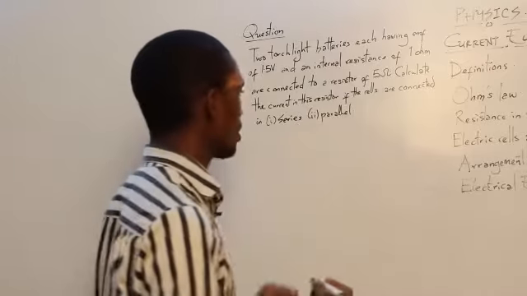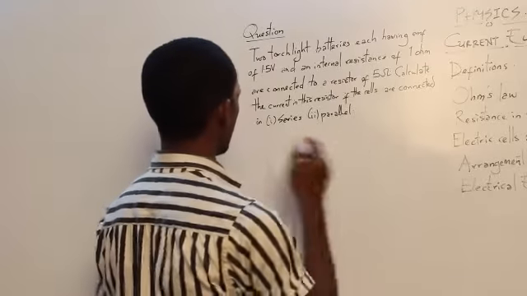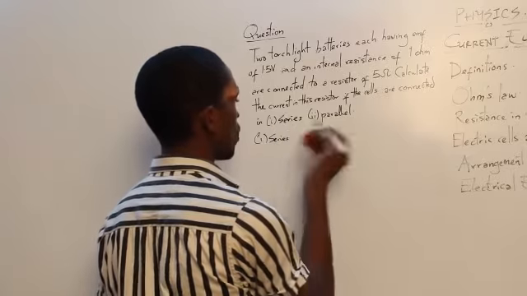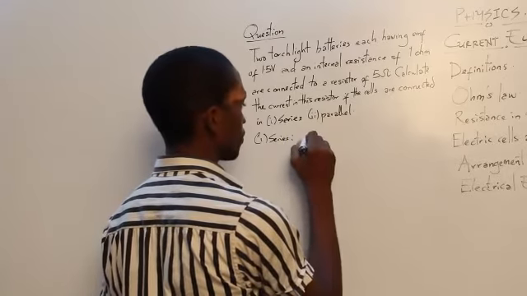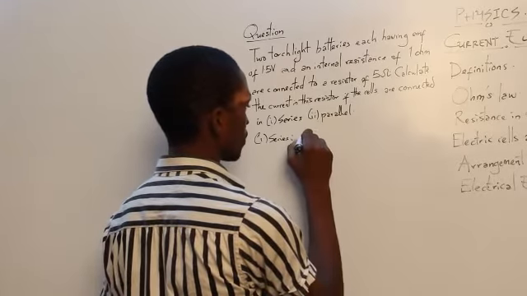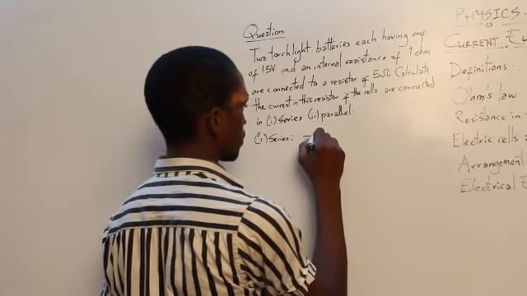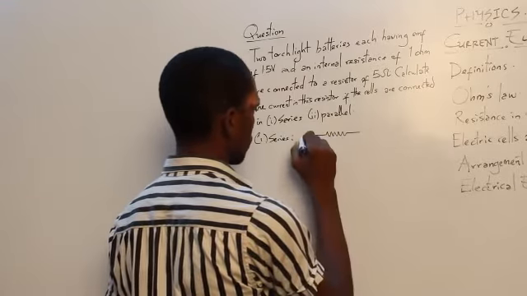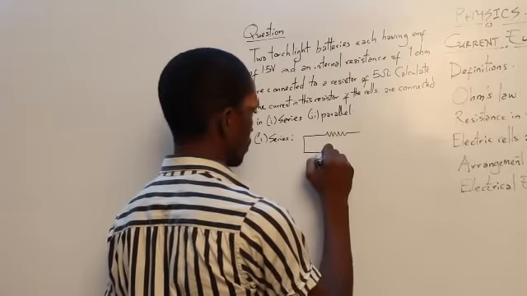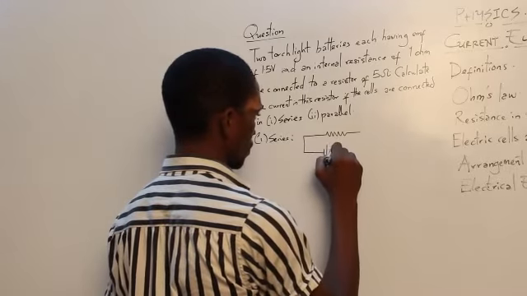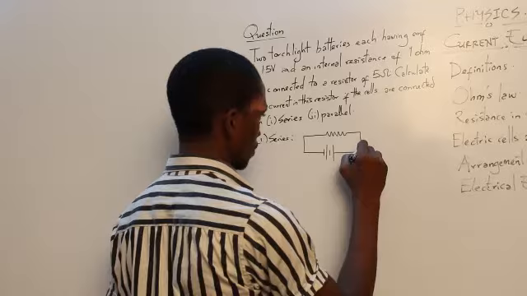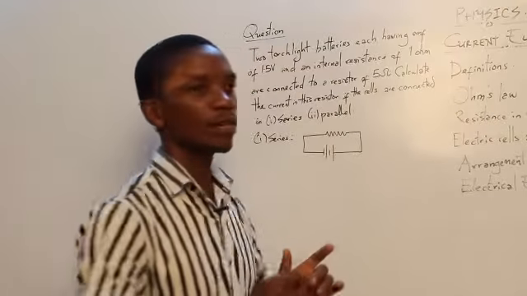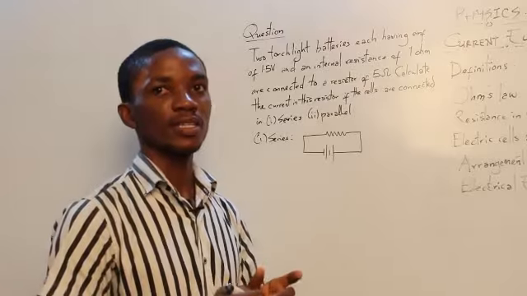So I'll quickly draw the first one. That's the series. Since it is series connection, what we expect to see is something like this. Now in each of the cells there is internal resistance.